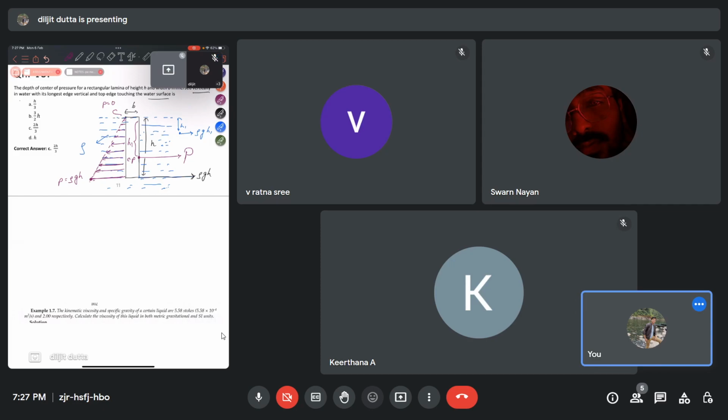Now, what will be the area of this triangle? The area of this triangle is half into base into height. What is the base? The base is rho g h, into the height.